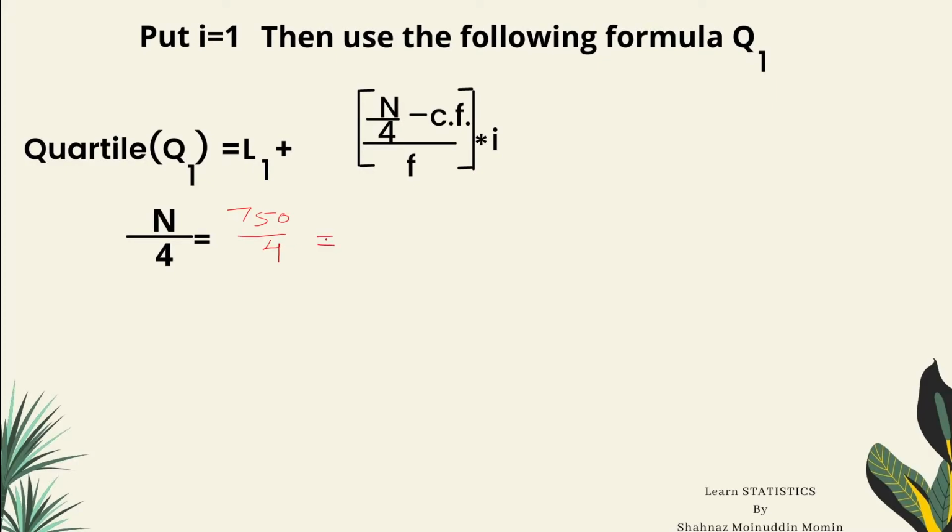It comes out to be 187.5. Now next step is search for a cumulative frequency which is just greater than equal to 187.5.